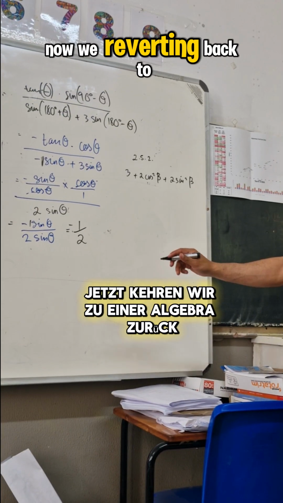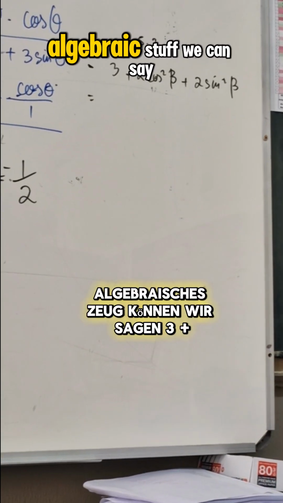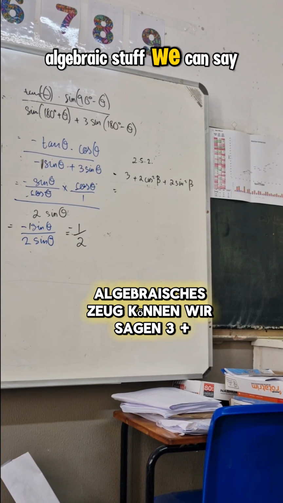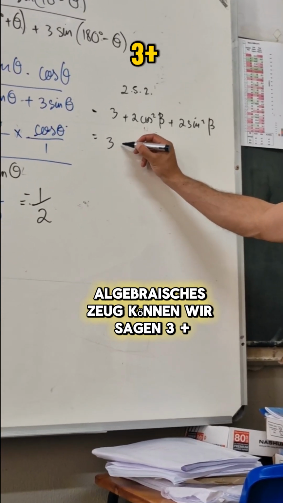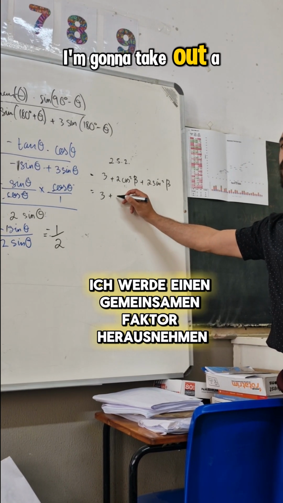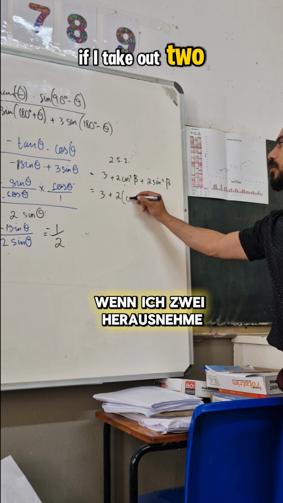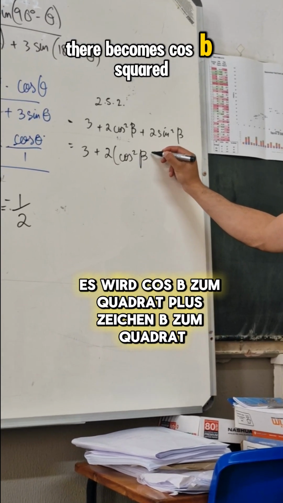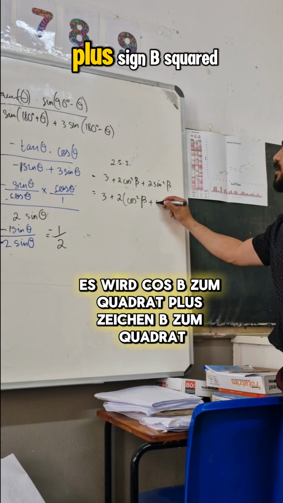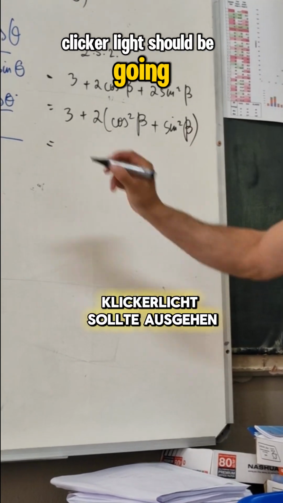Alright, now we're reverting back to some algebraic stuff. We can say 3 plus, between these two terms, I'm going to take out a common factor. What is a common factor there? 2. If I take out 2, then it becomes cos squared beta plus sine squared beta.